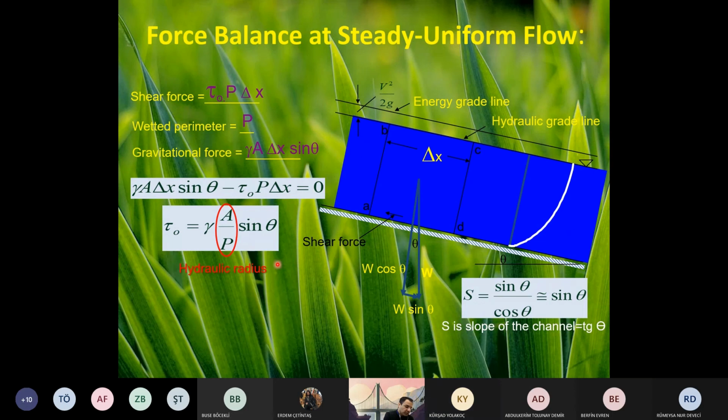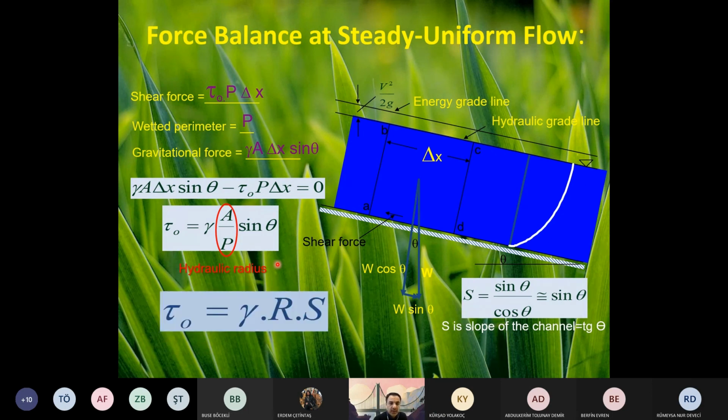Yol Koç. Okay, as Kürşat said, we know A over P equals hydraulic radius. And you see here that if we replace A over P with R, or RH, hydraulic radius, the formula would be much easier to memorize.